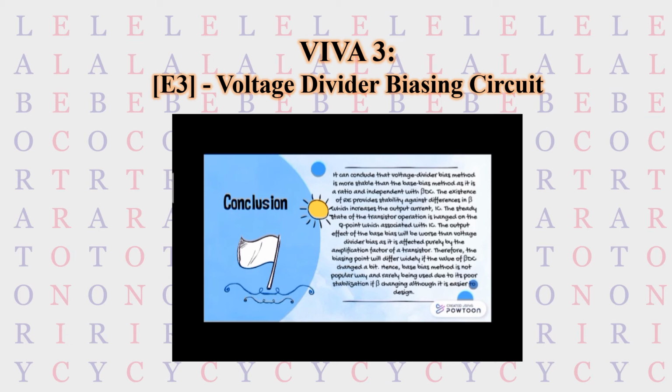The output effect of the base bias will be worse than voltage divider bias as it is affected purely by the amplification factor of a transistor. Therefore, the biasing point will differ widely if the value of beta DC changes a bit. Hence, the base bias method is not popular and rarely used due to its poor stabilization if beta changes, although it is easier to design.